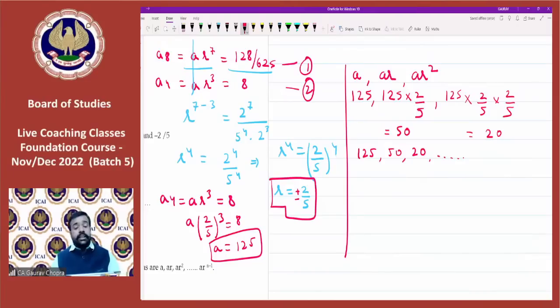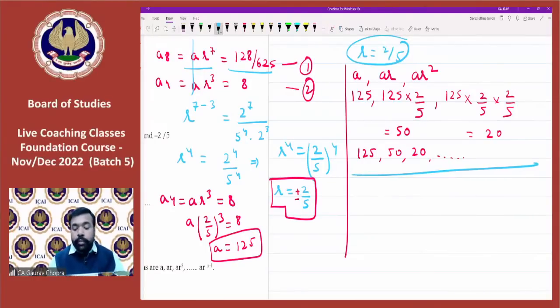So this is the series when we take r equal to 2 by 5. So when r is equal to positive 2 by 5, then this is the series. But if we take r as negative 2 by 5, then how much will come? First term will be 125. Second term will be 125 multiplied by negative 2 by 5.